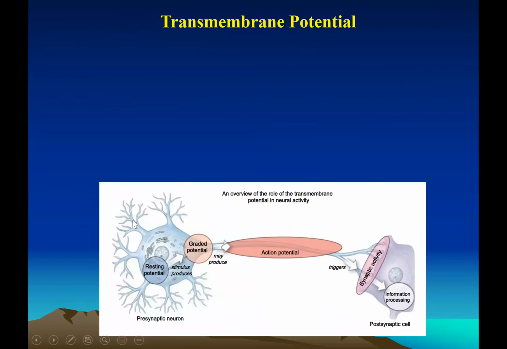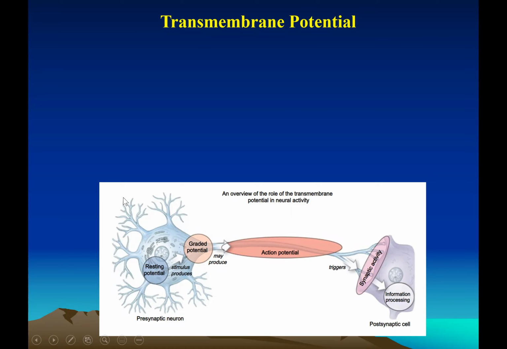When a neuron is not stimulated, it is resting. That is called the resting potential. The transmembrane potential is not triggered yet.